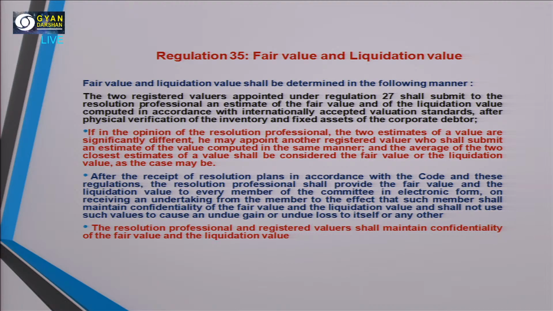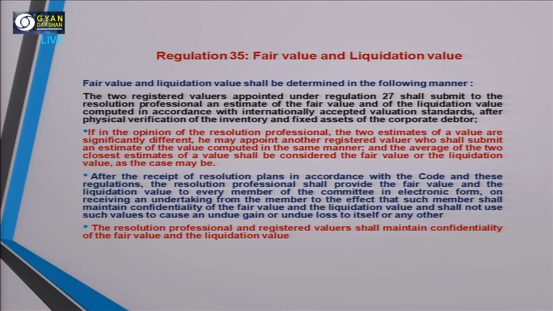Now, the 2 registered valuers appointed under IBC, Regulation 27, read with Regulation 35, they are supposed to arrive at 2 different sets of values: a fair value and a liquidation value.